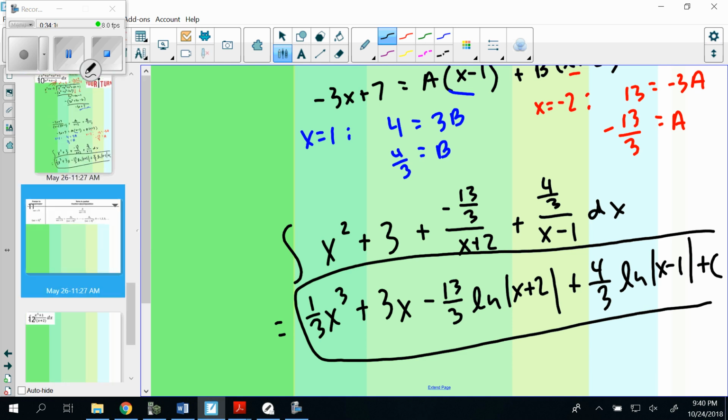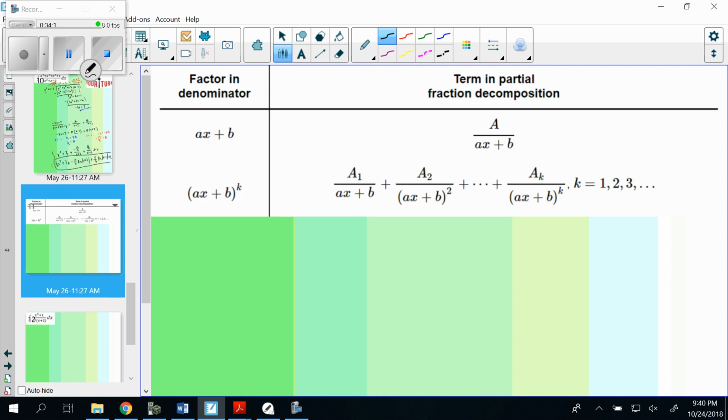Okay, one last thing: if you end up having multiple terms that come out, and what I mean by that is a repeated factor, then you need to have multiple ones for each degree of that.